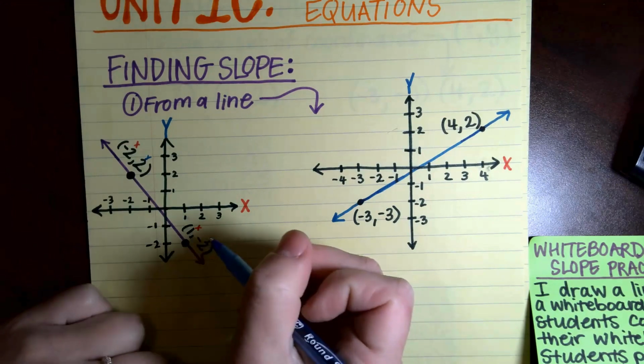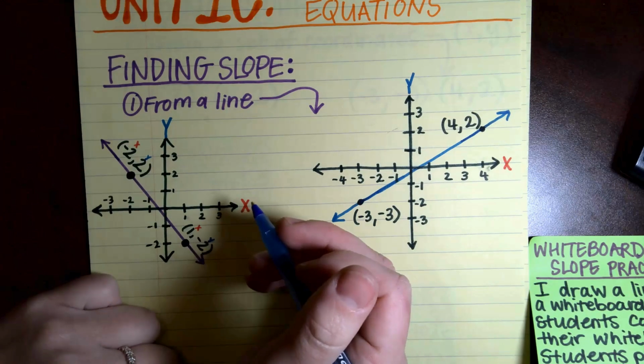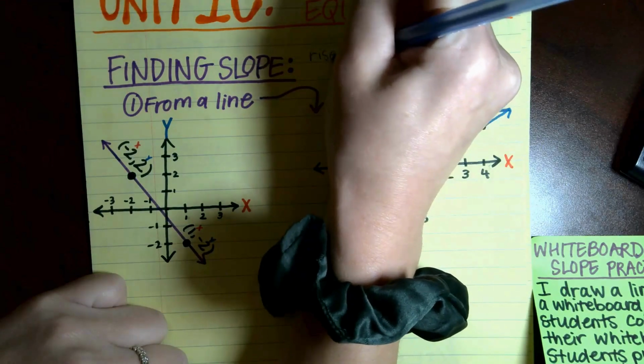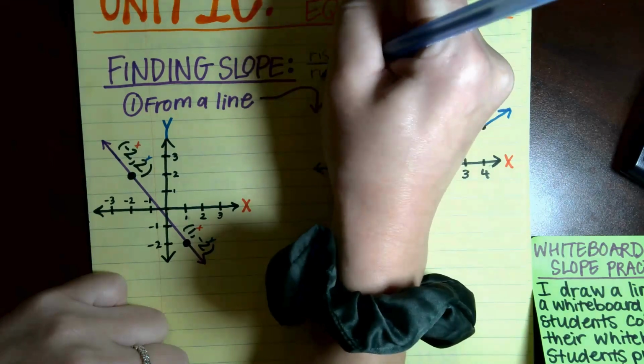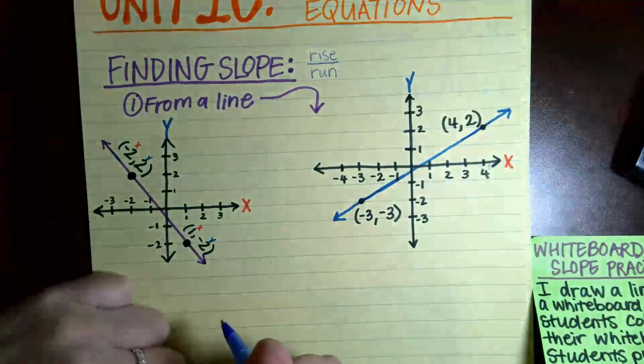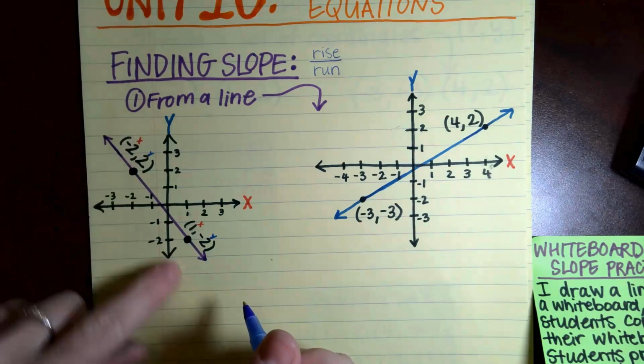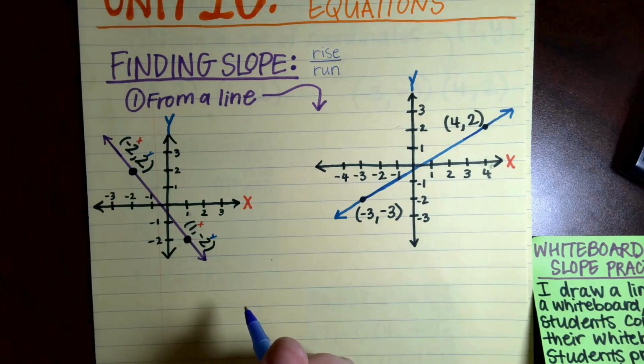My points are here, and I know that slope is rise over run. So I'm going to write that over here just as a reminder. My slope is rise over run. Now, just by looking at this line, we can see that it's pointing downwards. So is our slope going to be negative or positive? Negative.